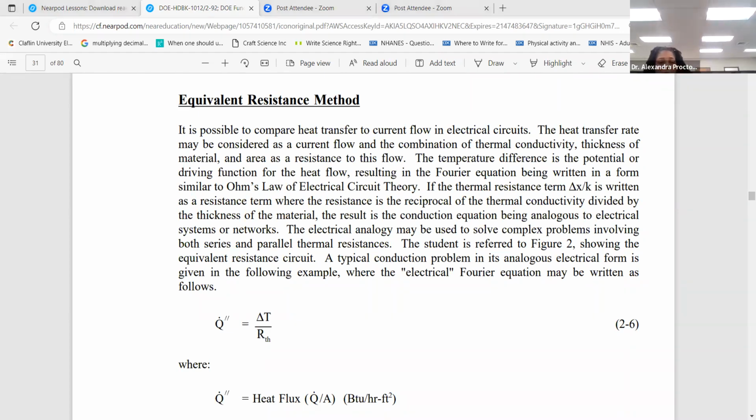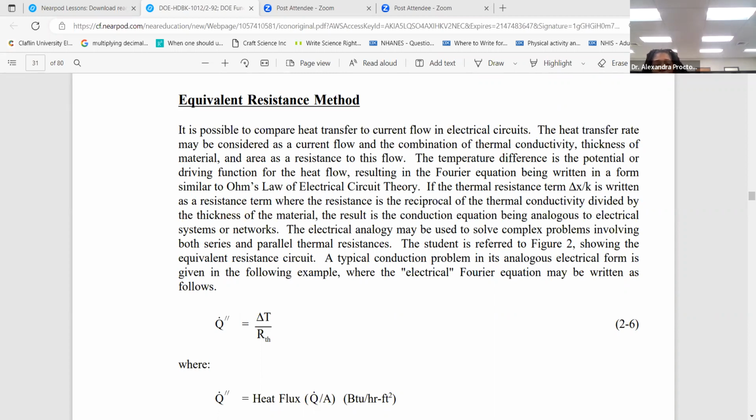The heat transfer rate may be considered as a current flow, and the combination of thermal conductivity, thickness of the material, and area as a resistance to the flow. The temperature difference is the potential or driving function for heat flow, resulting in a Fourier equation being written in a form similar to Ohm's law of electrical circuit theory.